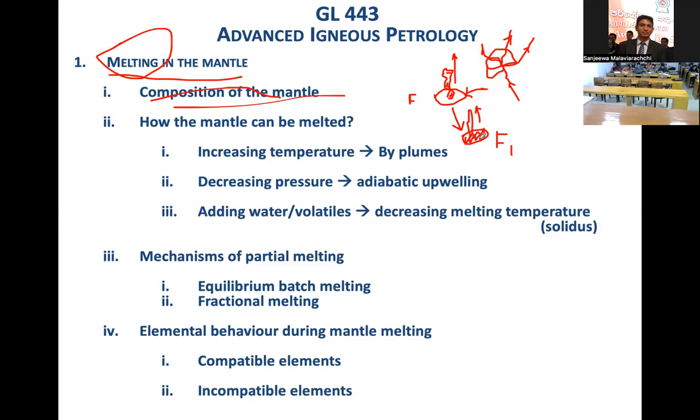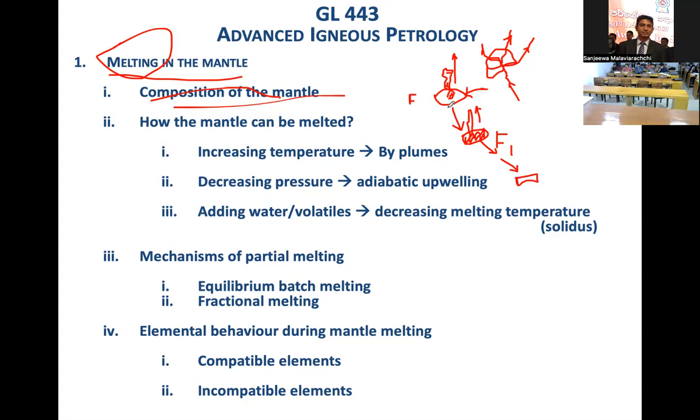So likewise, it can go on continuously melting, converting into different compositions. But actually, at a certain point it will rest without further melting, because there is a limit for melting of the mantle as well.